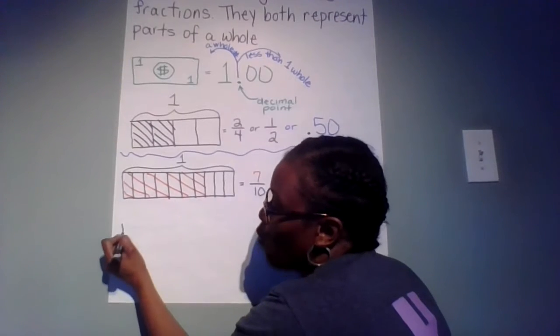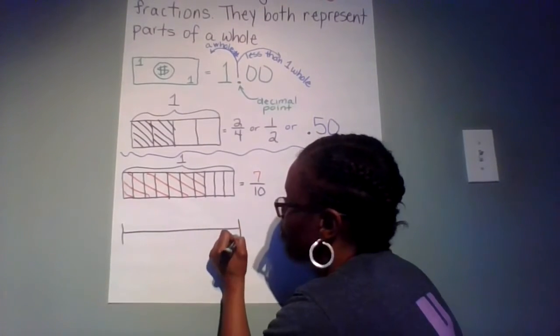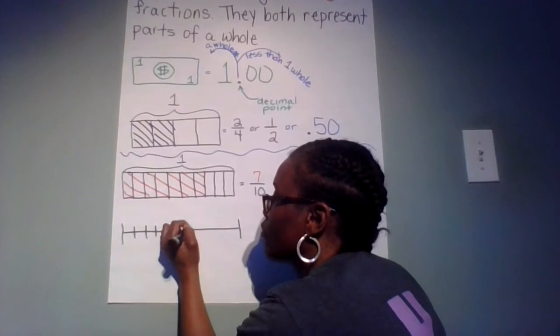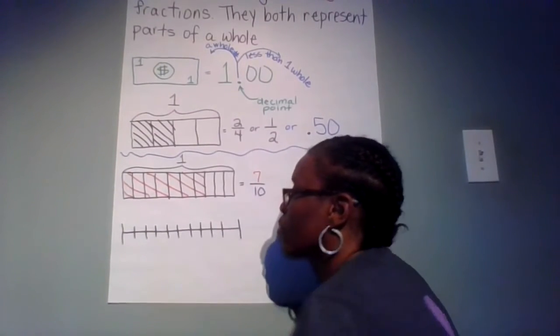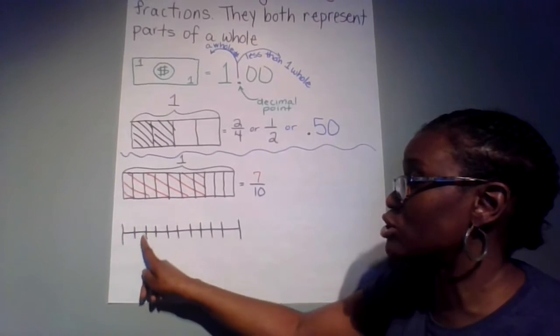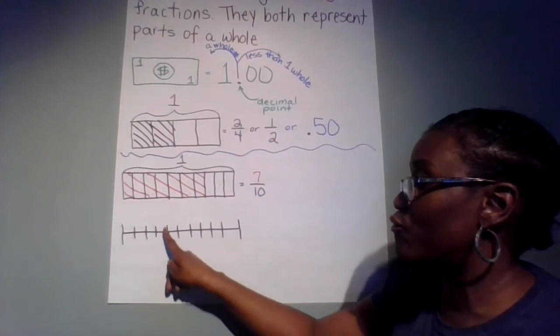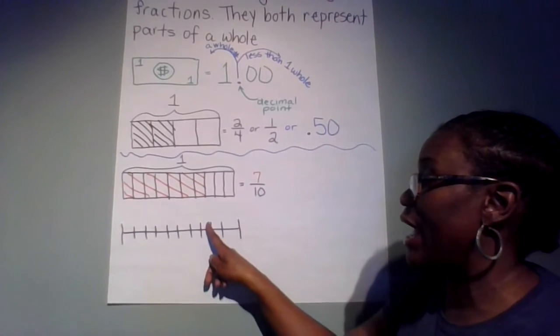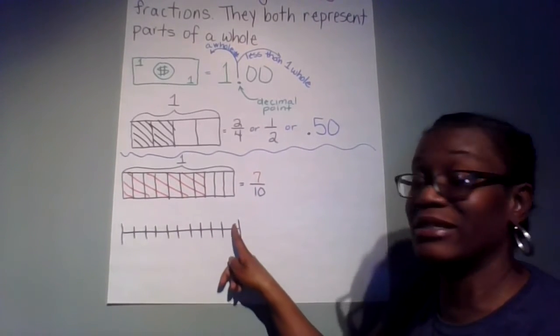I'm going to draw one that's very similar. This also has 10 places. 1, 2, 3, 4, 5, 6, 7, 8, 9, 10.